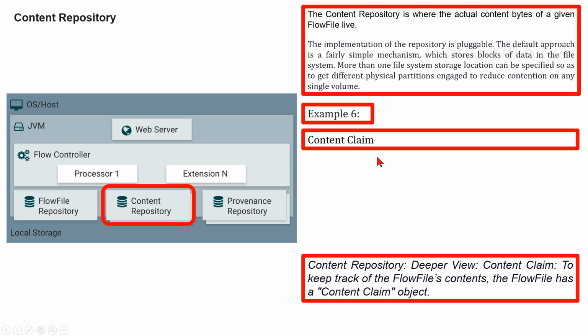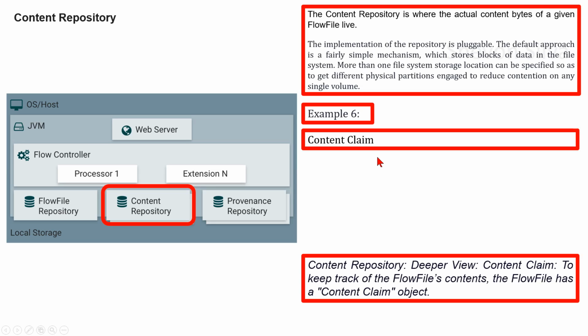The content repository is made of a collection of files on disk. These files are binned into containers and sections. The section is a subdirectory of a container. A container can be thought of as a root directory for the content repository. The content repository, though, can be made up of many containers.